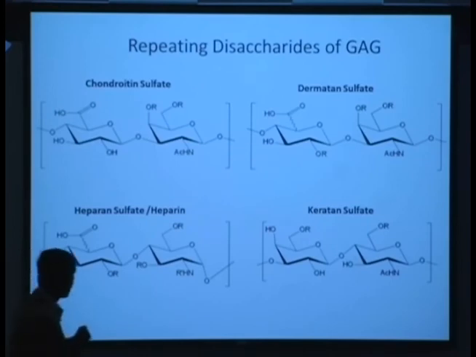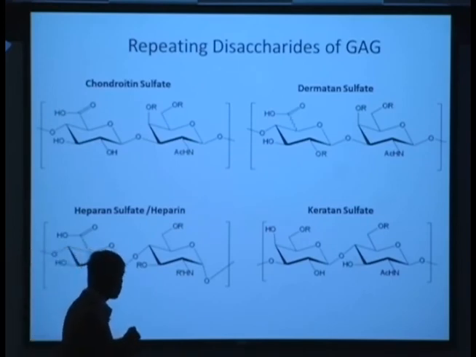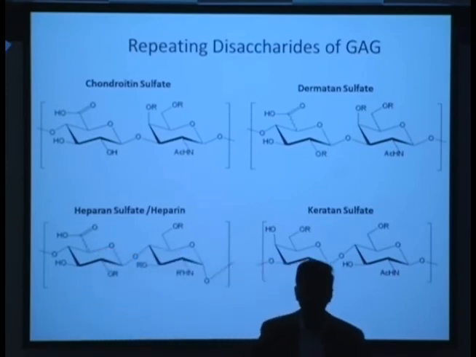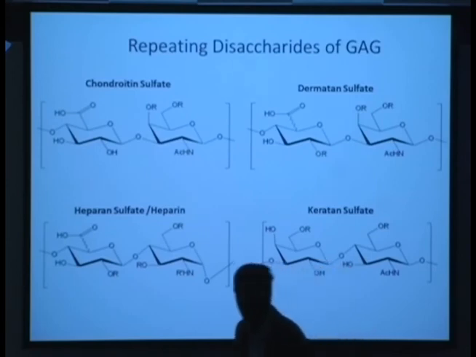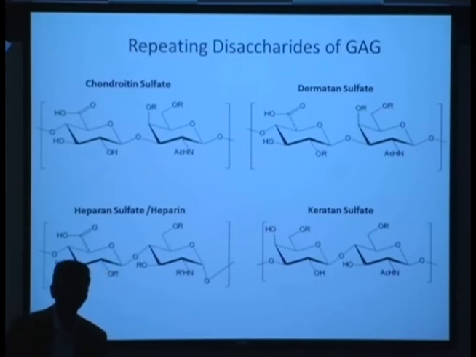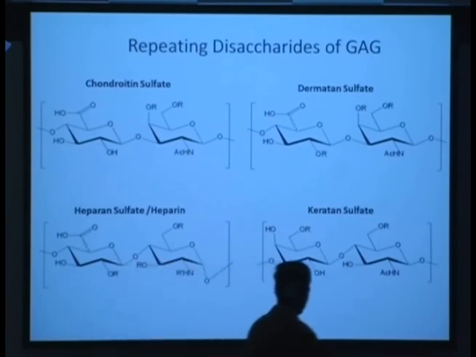And keratan sulfate has repeating units of galactose attached to N-acetyl glucosamine, which has a beta-1,4 and beta-1,3 linkage. So unlike other glycans, such as chondroitin sulfate, dermatan sulfate, heparan sulfate, heparin, keratan sulfate has only hexosamine, in this case glucosamine, but does not have a uronic acid. So keratan sulfate does not have any uronic acid, it has a galactose.